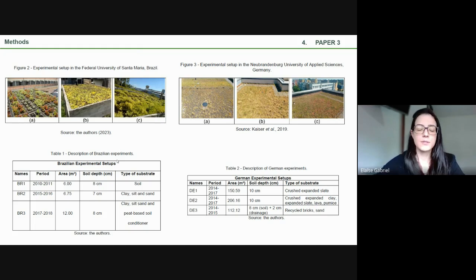The monitoring system used for these 3 green roofs was standardized and consisted of a tipping bucket rain gauge with a 0.2 millimeter precision and a recording time step of 5 seconds. The hourly precipitation data from the green roofs was compared and verified against the weather station situated near the experimental area.